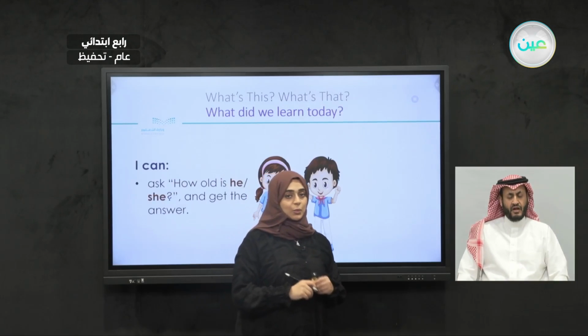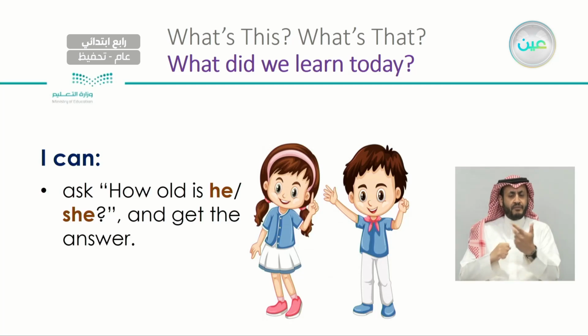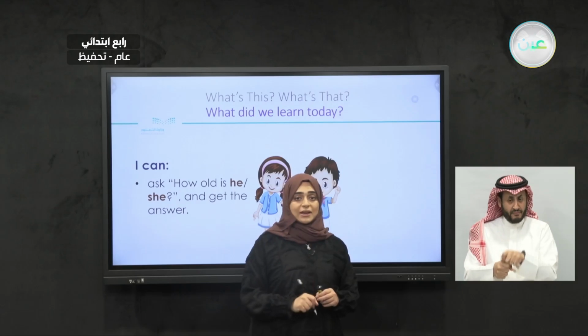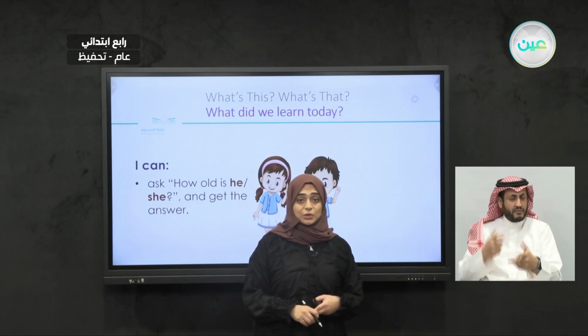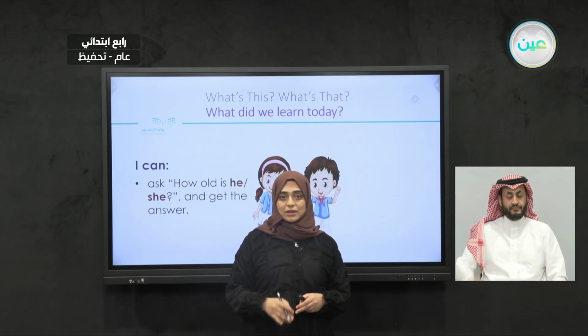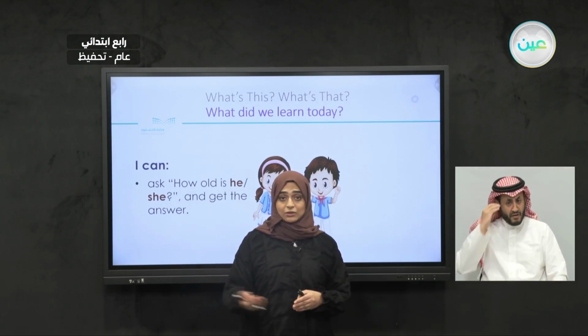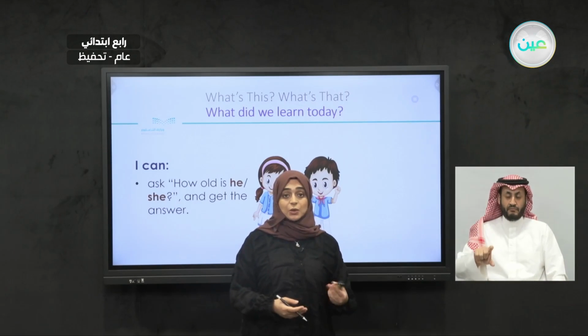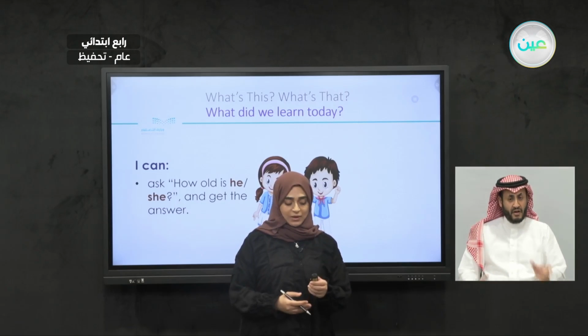Let's review. What did we do today? So today we learned about subject pronouns. If I'm pointing at a boy, simply we are going to use he. If we're pointing at a girl, what do we say? She. So we can use he and she correctly.